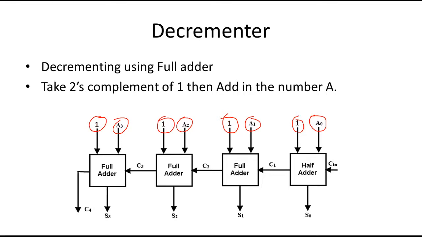For 4-bit binary adders, we just need to attach full adders in parallel. You see we use 4 full adders. Cin is 0 and the sum of the first bits a0 plus 1 is s0. The carry is input to the next full adder, then s1, s2, s3 and finally c4.